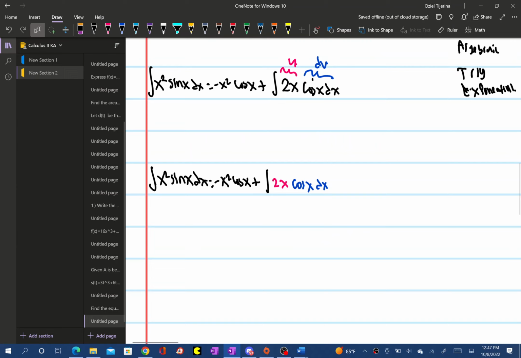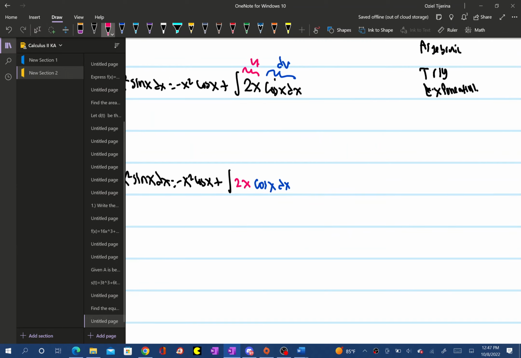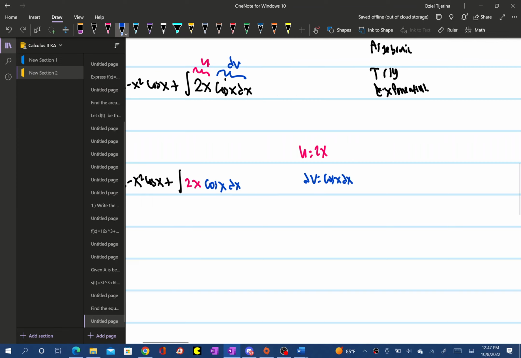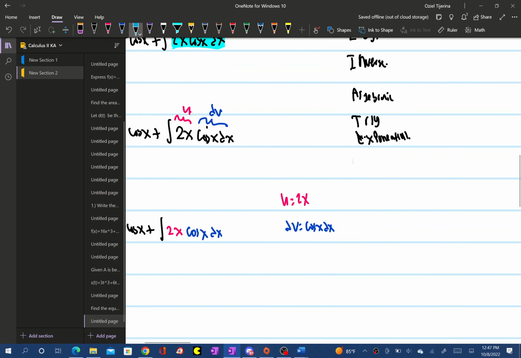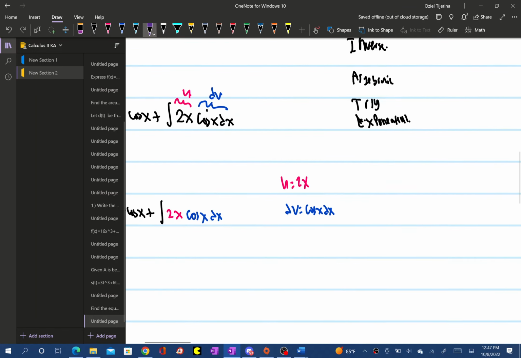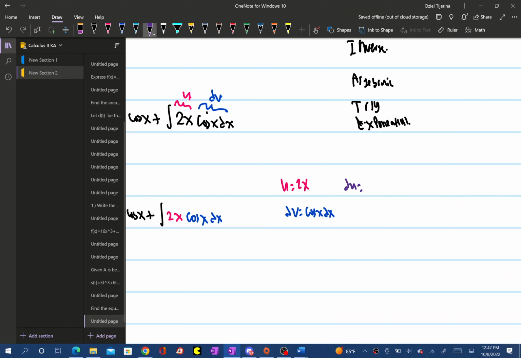Now we know that u is 2x and dv is cosine x dx. So then du can be 2 dx.